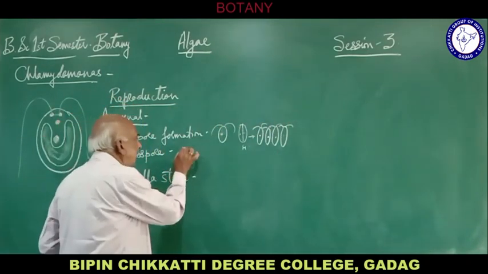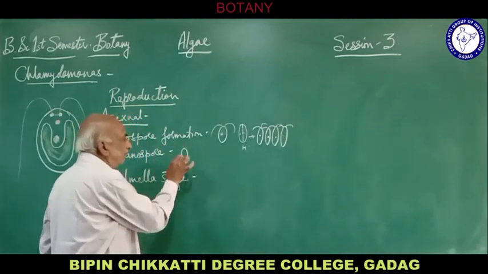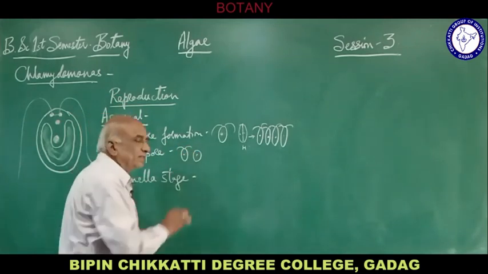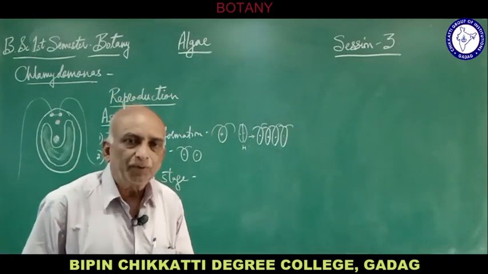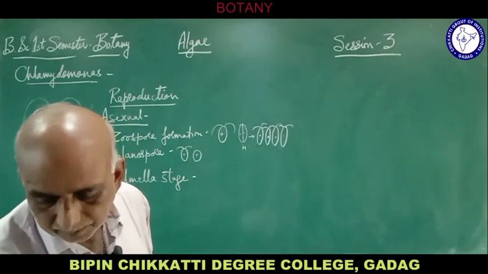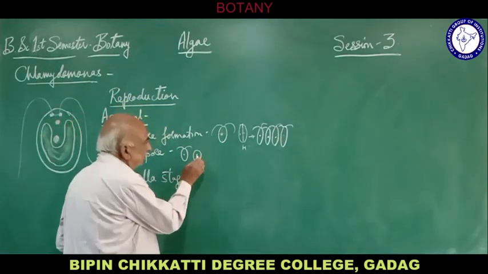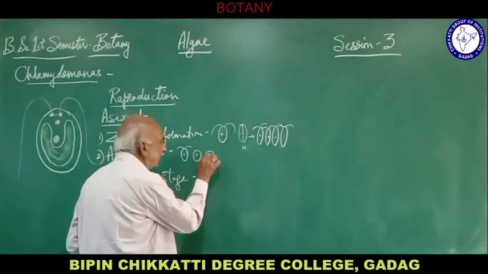So the cell will not divide, it will lose its flagella. So the flagella are lost, and the nucleus and all they remain as it is, and they store some amount of reserve food material, and this protoplast which is present inside reduces from its cell wall.